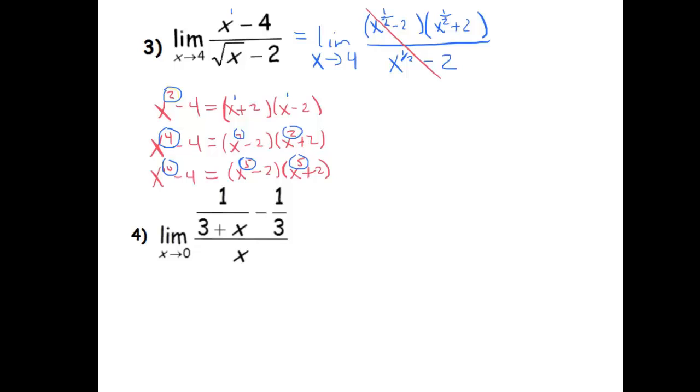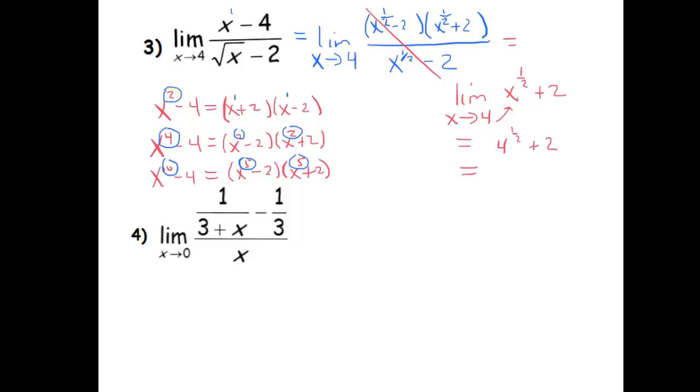So now those divide, and I'm just left with the limit as x goes to 4 of x to the 1/2 plus 2. And now I can substitute in my 4. This is 4 to the 1/2 plus 2.